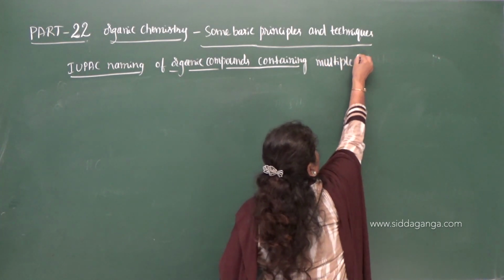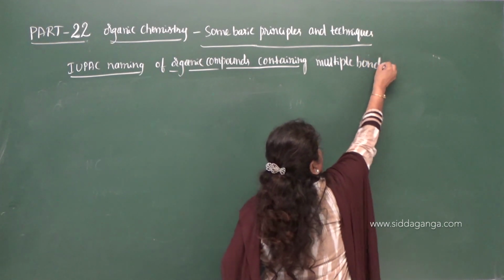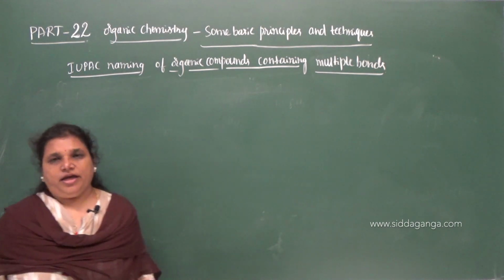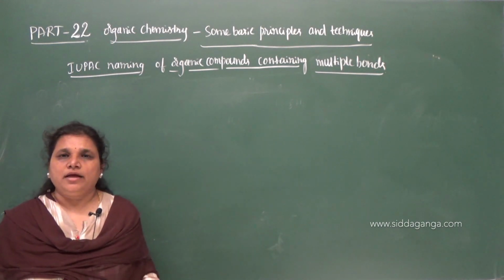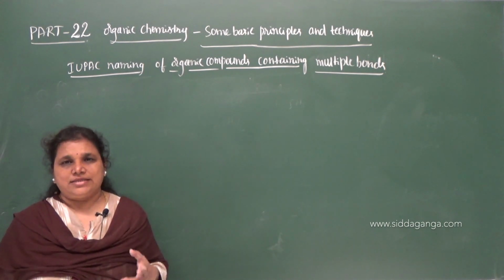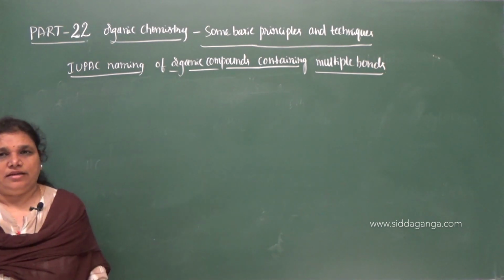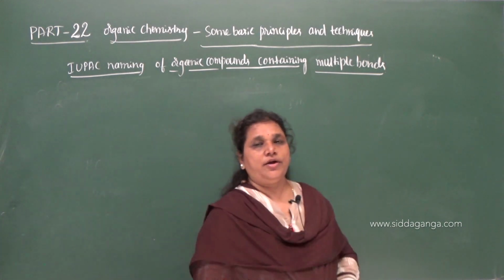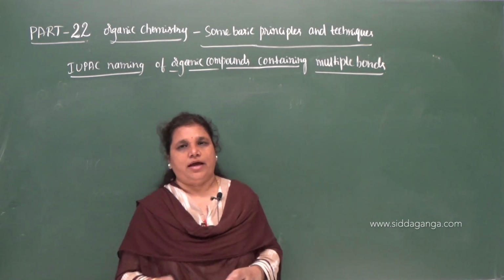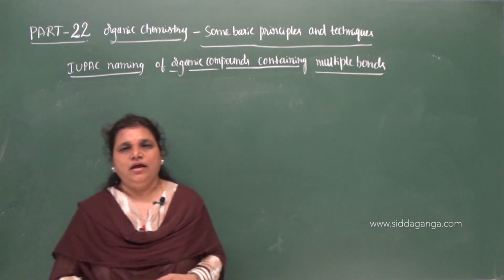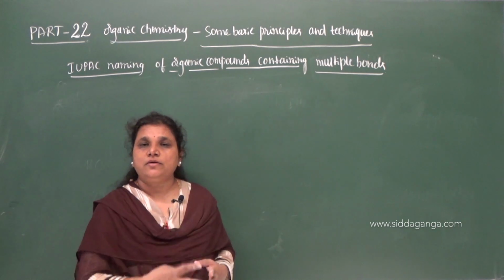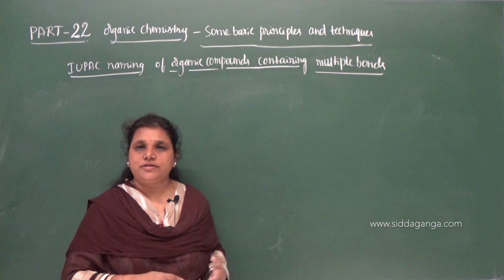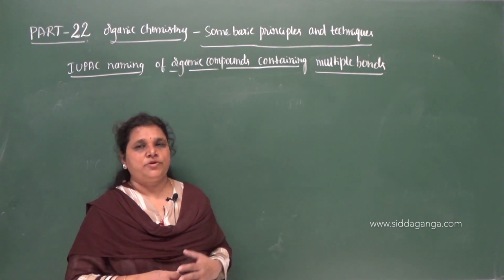And as we know, if a double bond is present, then you have to take the primary suffix as "ene", and if a triple bond is present in a given organic compound, then you have to take the primary suffix as "yne". That is the only difference here, and the compound may also contain other substituent groups along with the multiple bond.